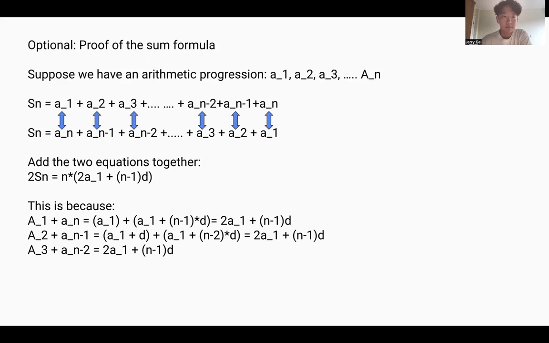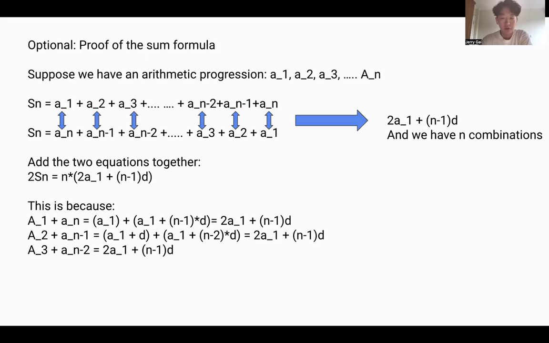So you can see that if you add the first terms of both equations, and the second terms, and the third terms, and so on, you get the same result, which is 2a1 plus (n minus 1) multiplied by d. And you have n combinations.